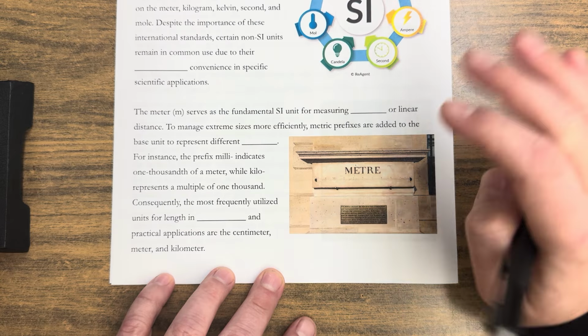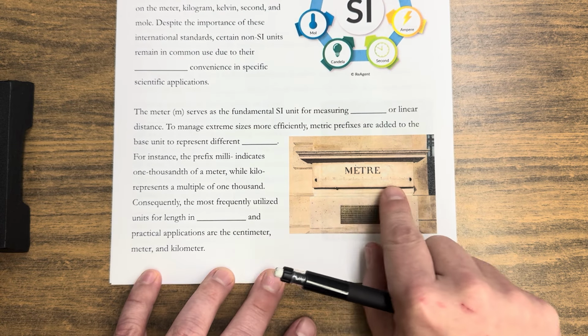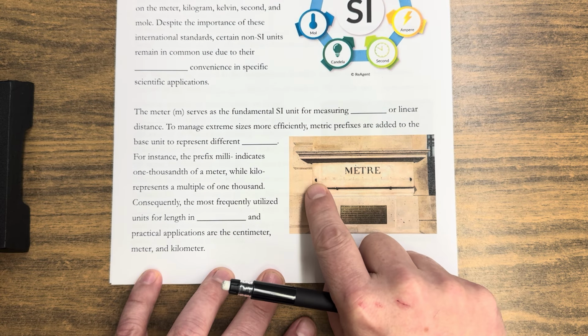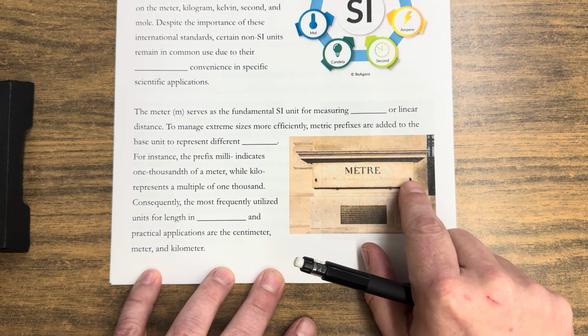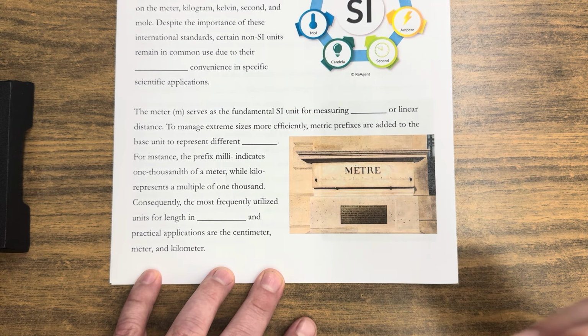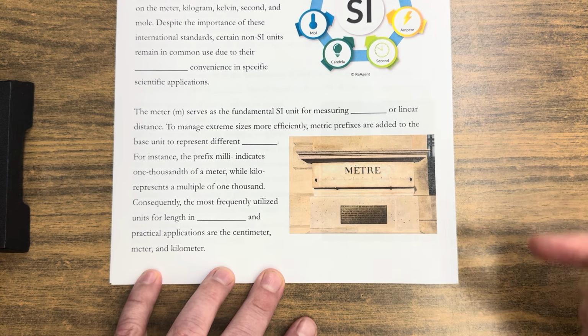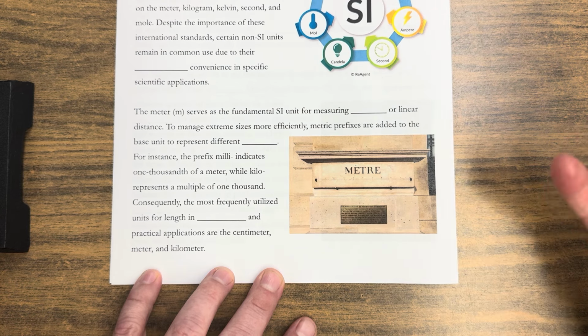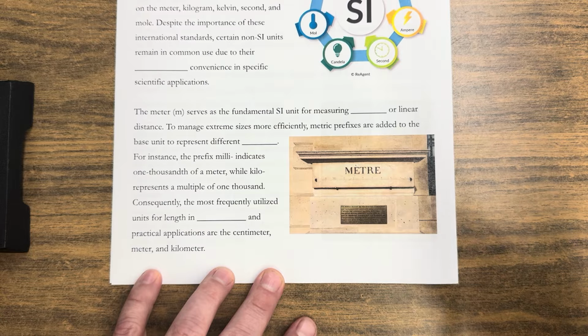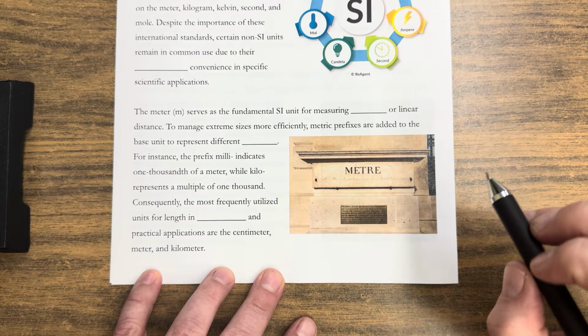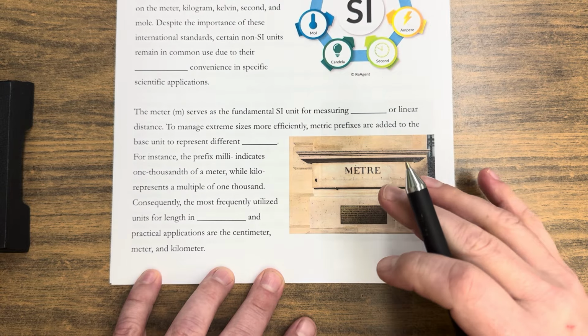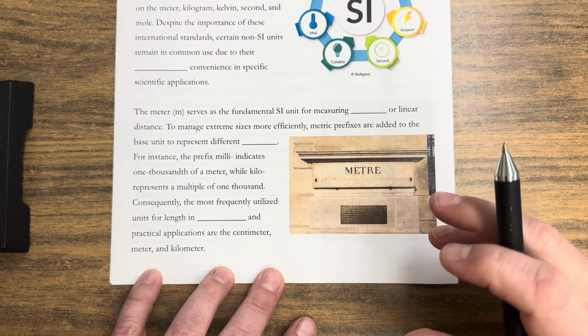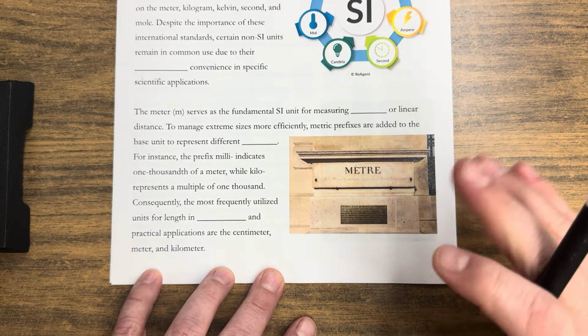different scales. And then in this picture here, it shows the old standard for what the meter was, which was based on like the distance around the Earth and 1/10,000th of that distance or something. And now it's officially the length of a certain wavelength on the electromagnetic spectrum, just something that's a little bit more precise.